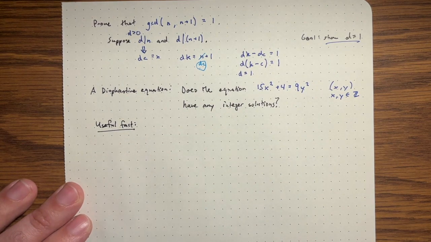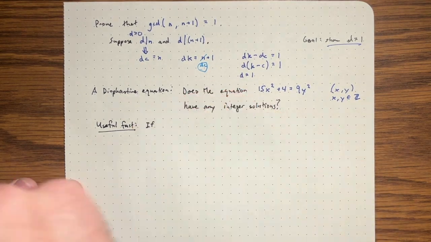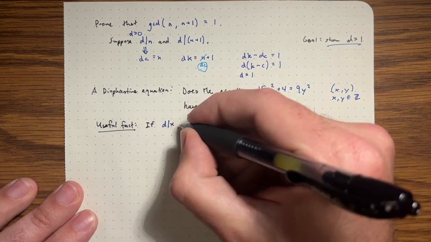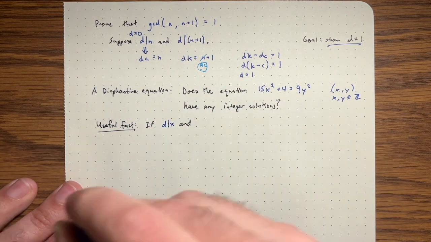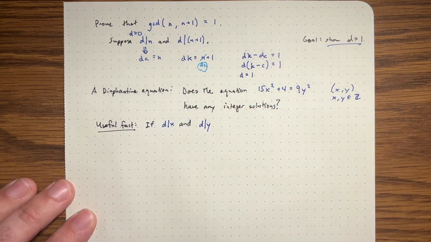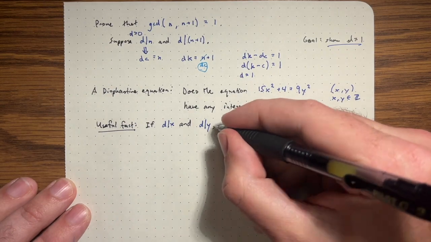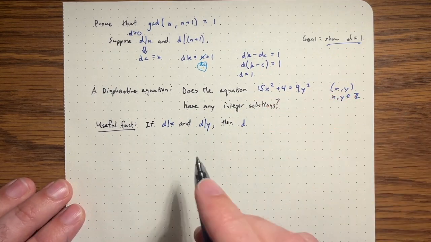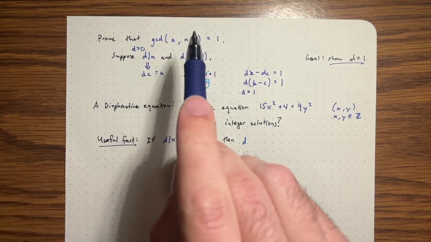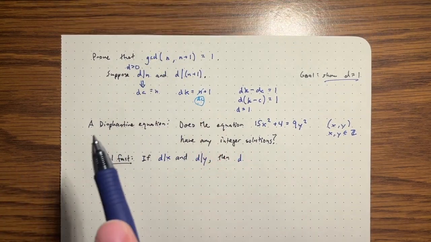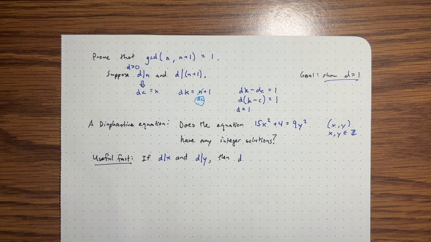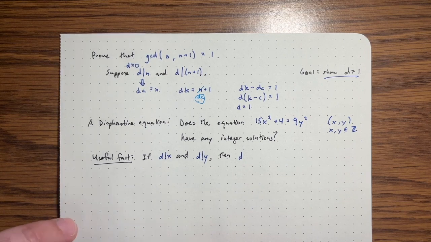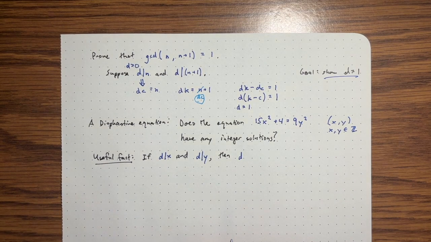So the fact is that if I have some integer d dividing two different numbers, x and y, then, by the way, I'm not being super careful about writing down whether something is an integer or not. Basically, everything in this lecture is integers, because if we're talking about rational numbers, then everything divides everything.